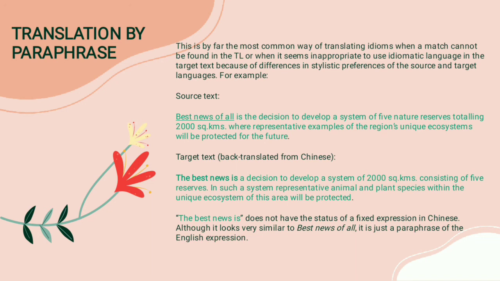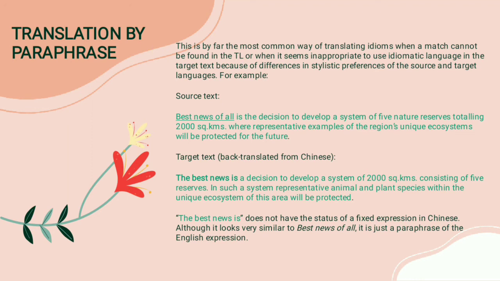For example, in the source text we have "best news of all is the decision to develop a system of 5 nature reserves totaling 2,000 square kms where representative examples of the region's unique ecosystems will be protected for the future." And in the target text, in Chinese, we have "the best news is a decision to develop a system of 1,000 square kms consisting of 5 reserves.